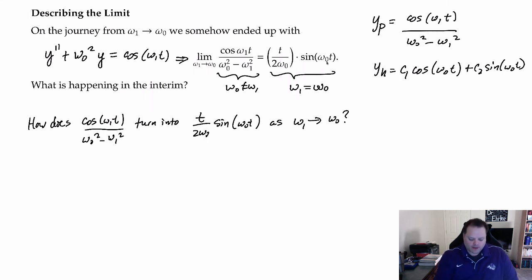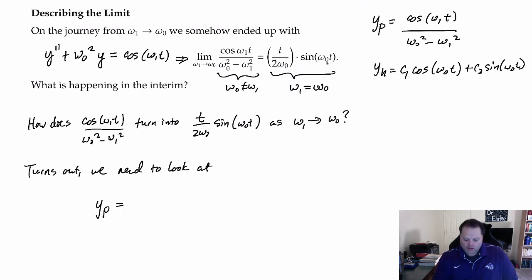Turns out, we need to look at yp equal to 1 over omega naught squared minus omega 1 squared cosine omega 1 t. But then I'm actually going to subtract from that. I think that's how I have it in here.